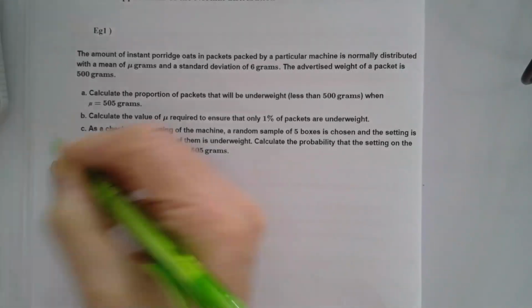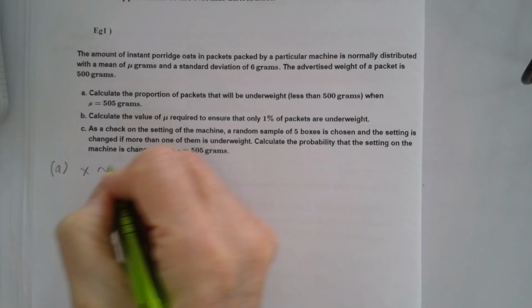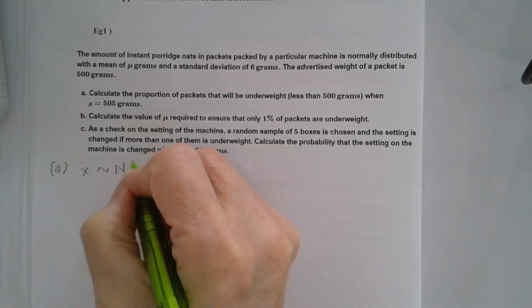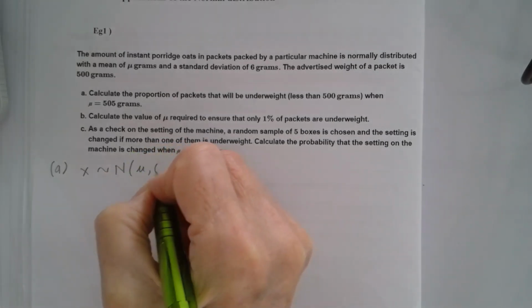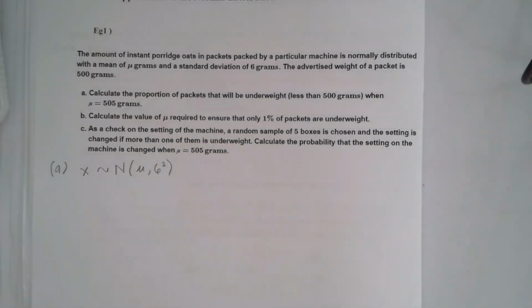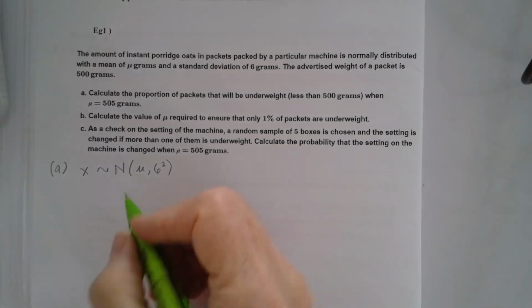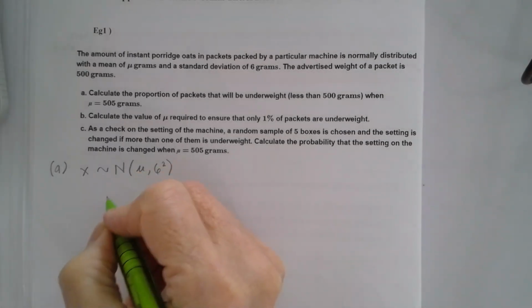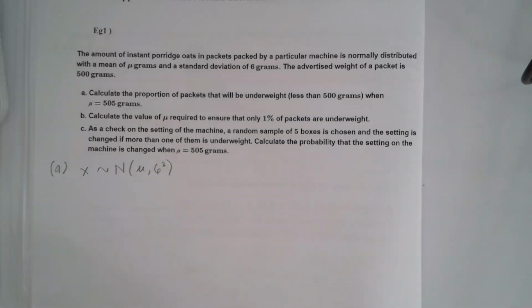I'll go like this, and I'll say, okay, X is normally distributed, and I know it's like this. All right? And I'm going to go, why do I have 505 here?